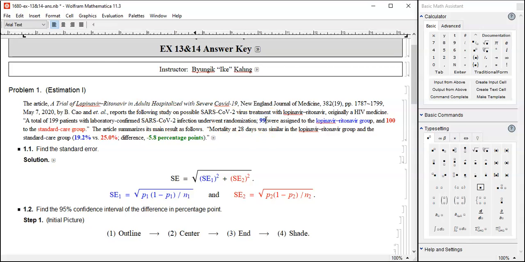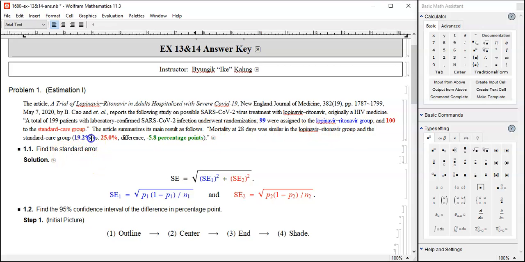We need group 1 for treatment, and we need group 2 for control. 99 and 100, N1 and N2. Color coding helps. If you use some highlighter, go ahead and use that. And if you just use pencil, then circle for this and rectangle for that, do whatever texture.